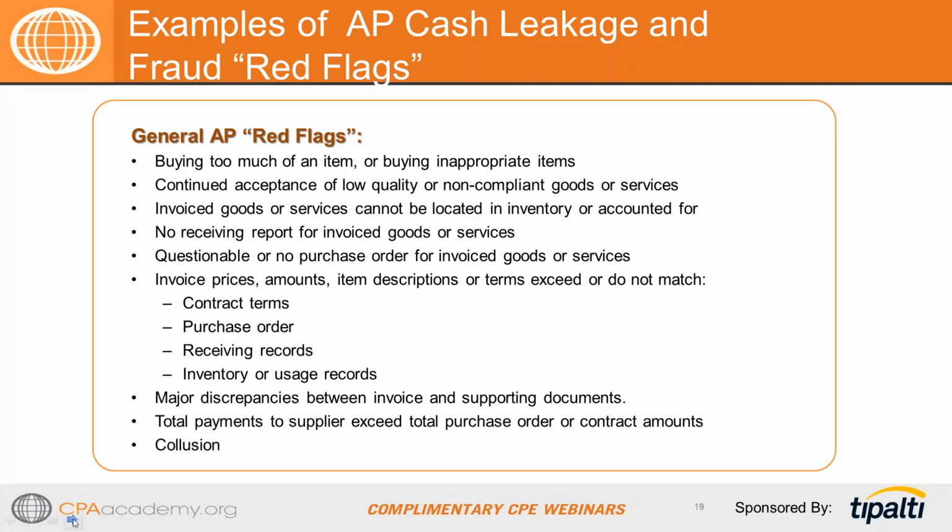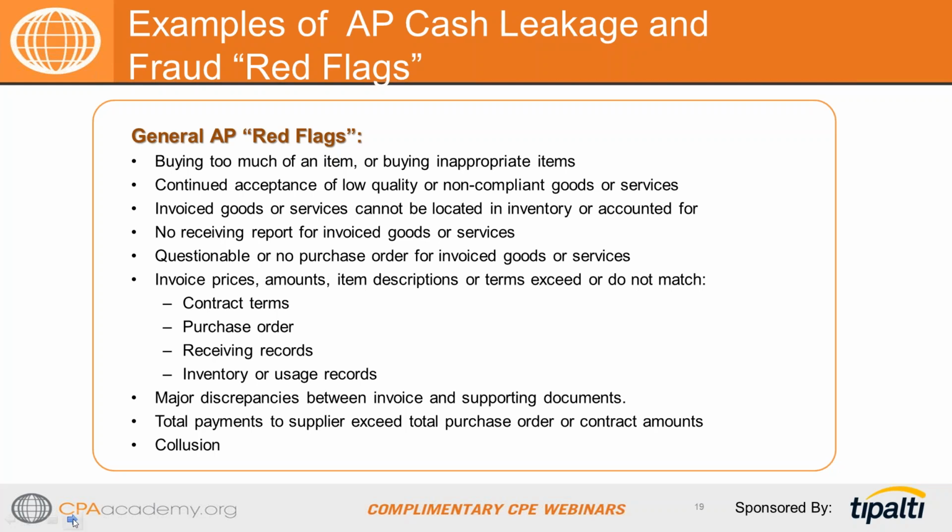Too much of an item or inappropriate items. Somebody's accepting low quality or non-compliant goods or services. Invoiced goods or services can't be located in inventory or accounted for. No receiving report for invoiced goods or services. Questionable or no purchase order for goods or services.